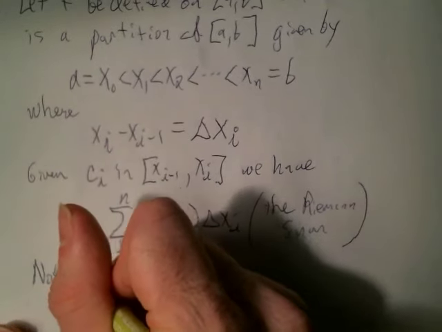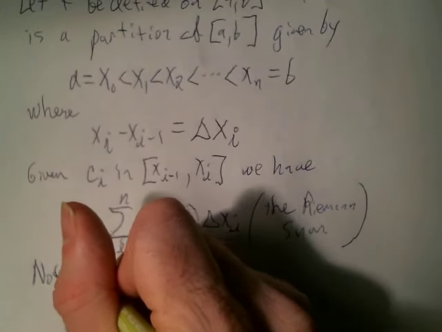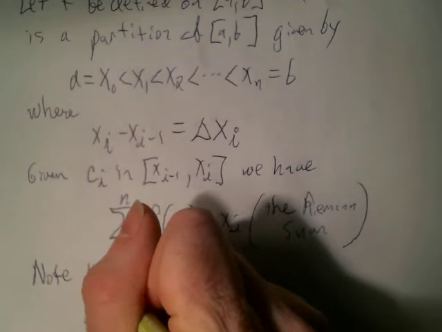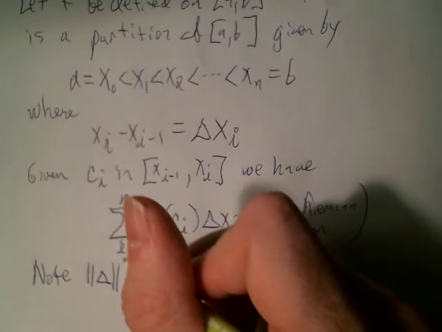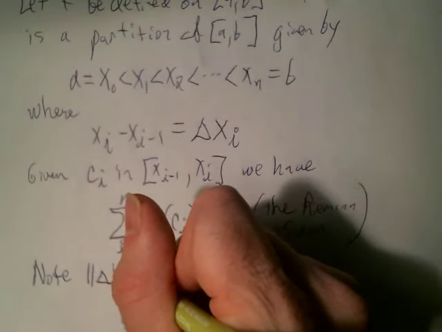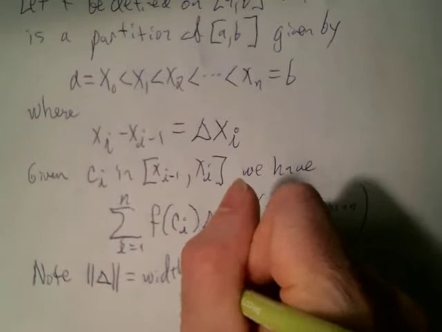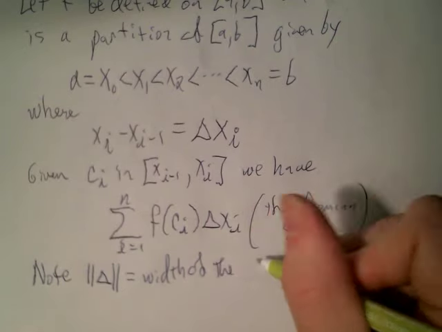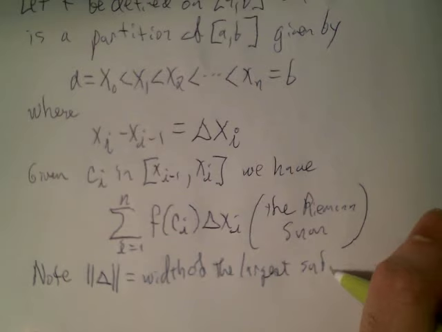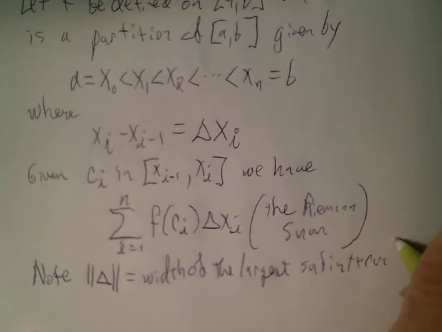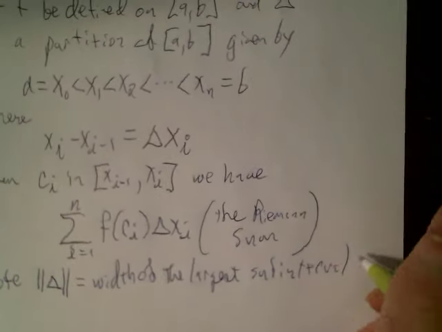So note that we have this extra symbol, the magnitude of the partition, the norm of the partition, which is defined as the width of the largest subinterval, or the norm.